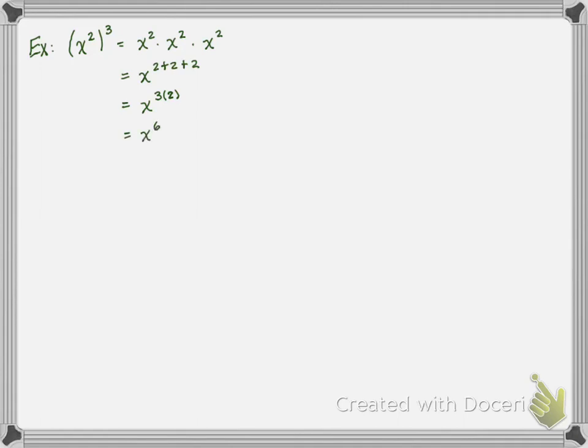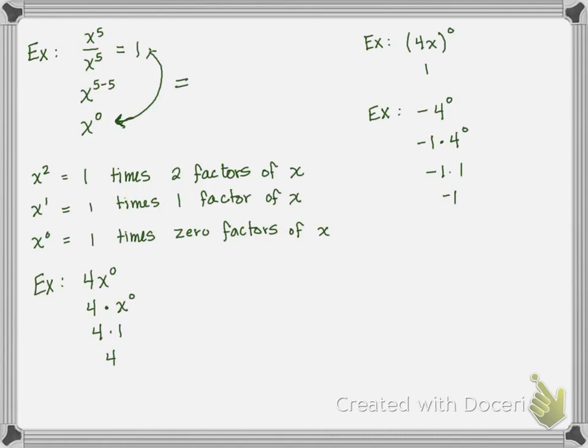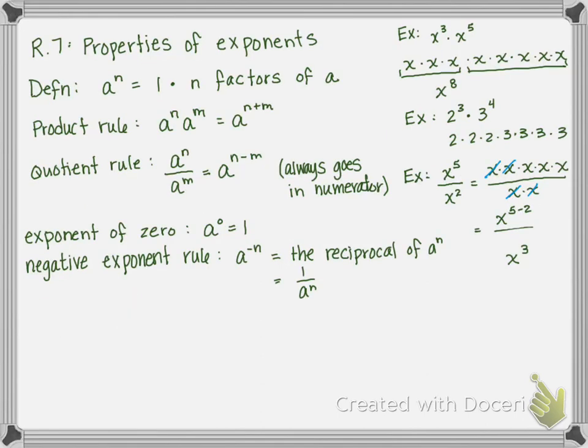So if I do the product rule repeatedly, that gets me what we call the power rule, which says that raising an exponential expression to another exponent, we can simplify by multiplying the 2 exponents.